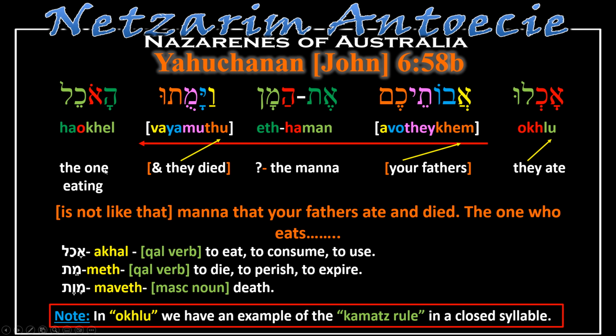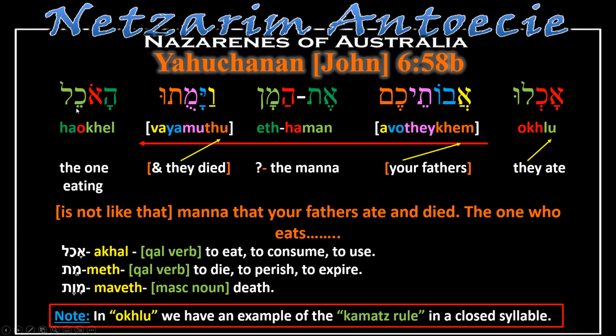Kill the one eating, or the ones eating would be probably more accurate, because that's a plural there, so that has to be plural as well. They died, the ones eating. And again, it's a participle form because we've got the zere there.